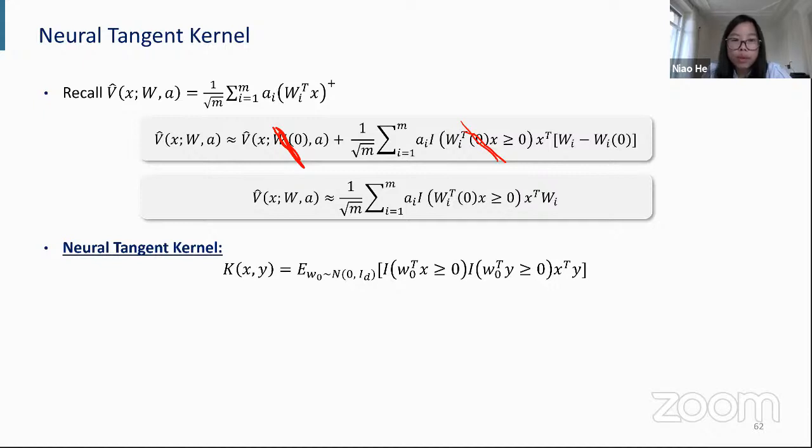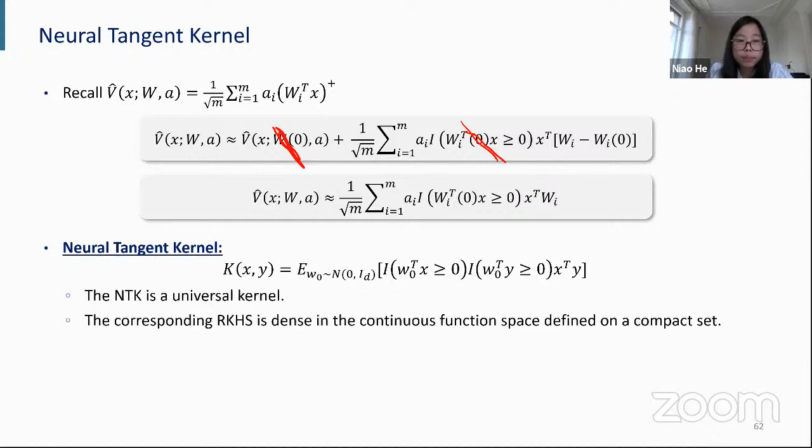This is then associated with the neural tangent kernel in the infinite-width limit, where your random feature vector is the indicator times X. You take the inner product between them, taking the expectation over W0, which is just an IID Gaussian random vector.